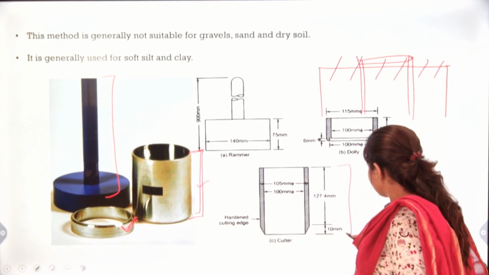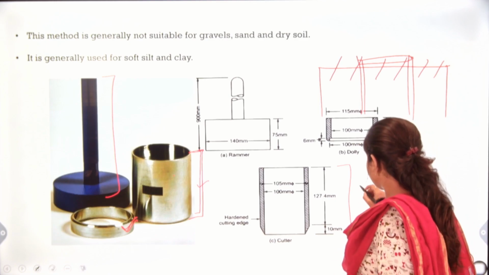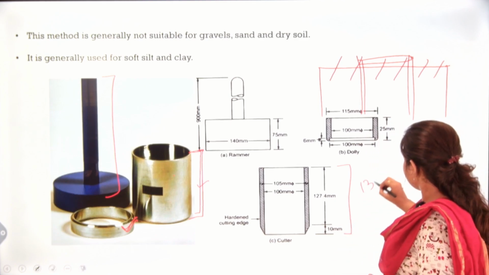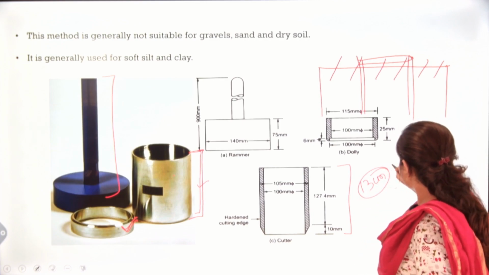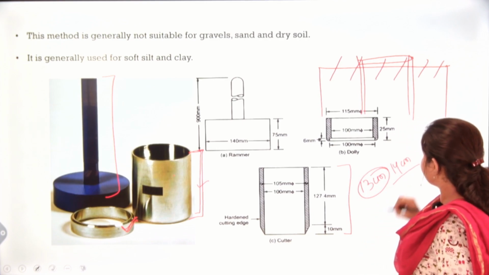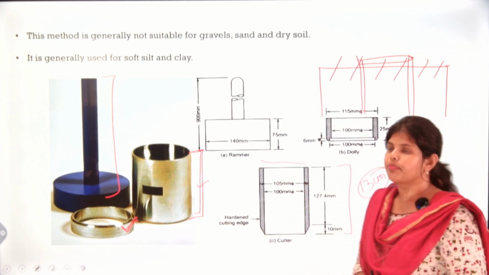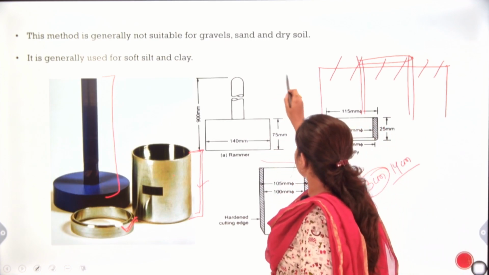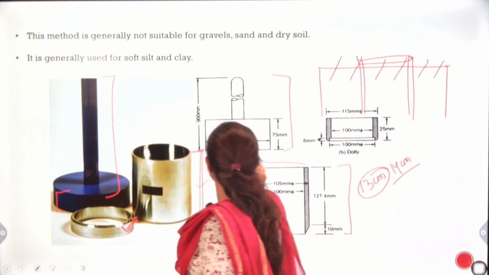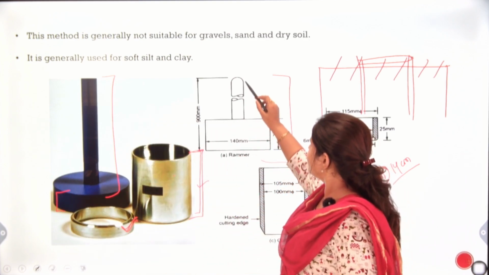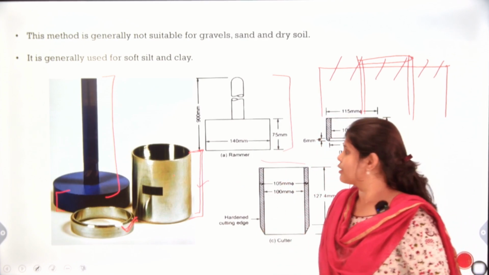The total depth of the core cutter will be nearly 13 or 14 centimeter. Next, the depth will be 105 mm. About the rammer, this portion will be 75 mm, and the total height of the rammer will be 900 mm, that is 90 centimeter.